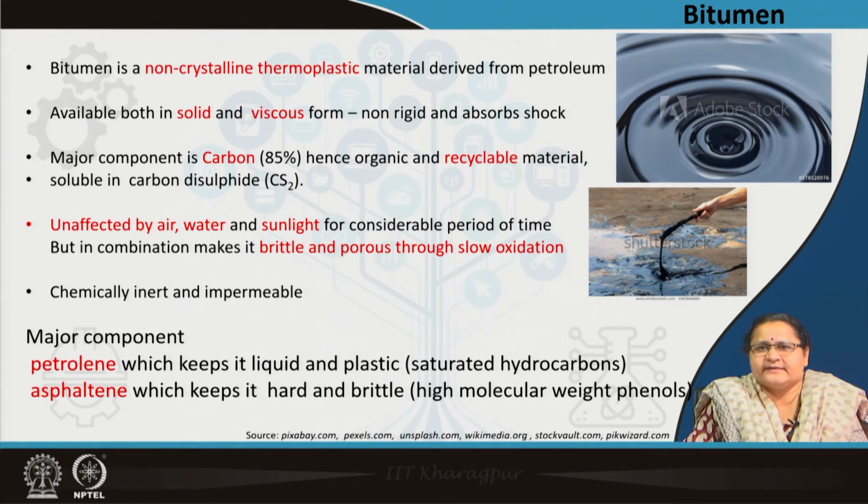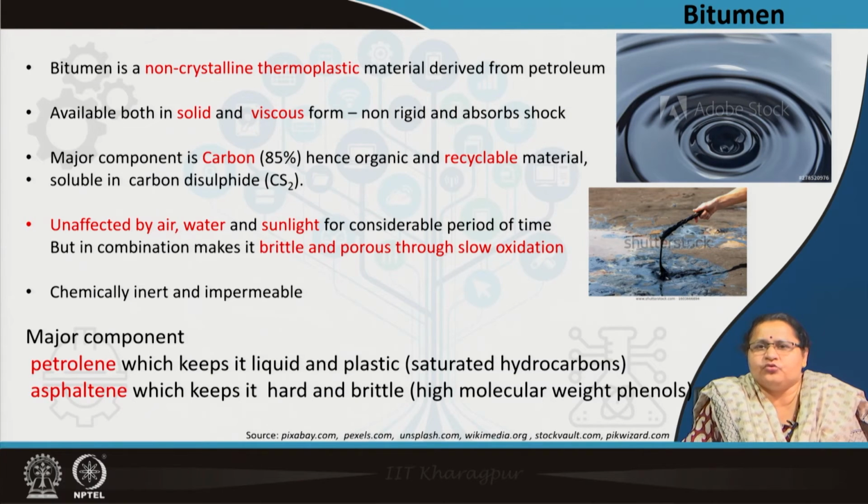There are two parts, one is petroleum, other is asphaltene. The petroleum is the liquid or the plastic part, which is saturated hydrocarbon, and the asphaltene is the hard and brittle part, which is having high molecular weight phenols.